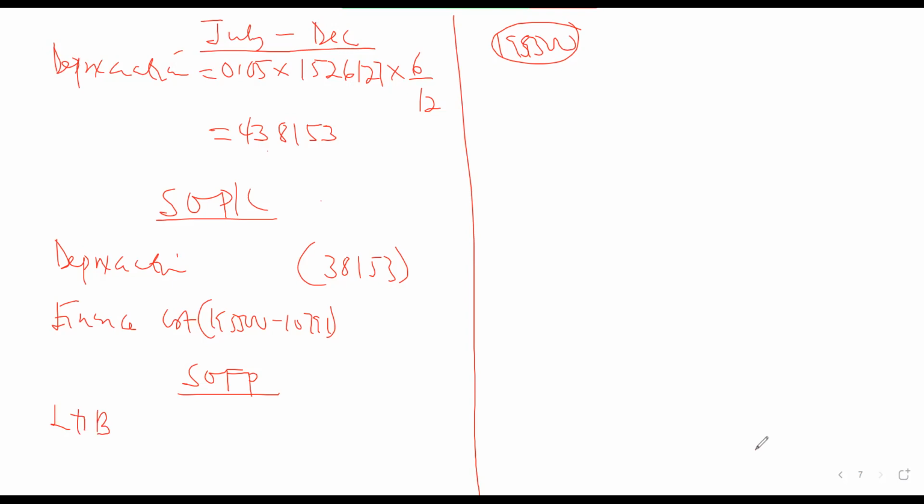Then the land and building will be, okay, so I'm going to have 1,526,127 minus 38,153. I'm having 1,487,967.